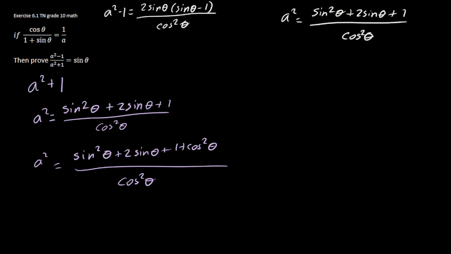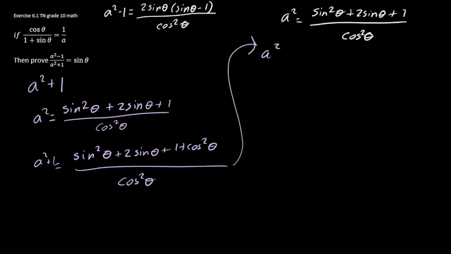The reason you may not see a plus 1 on this side is because I've already put it in the form of cos squared theta over cos squared theta, and I've just added it to the big fraction. So let's just move this here.